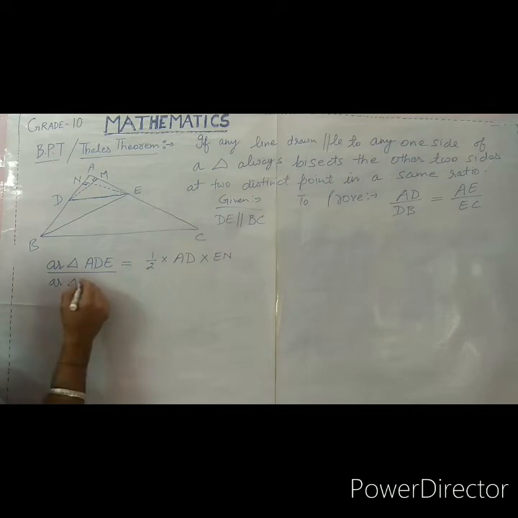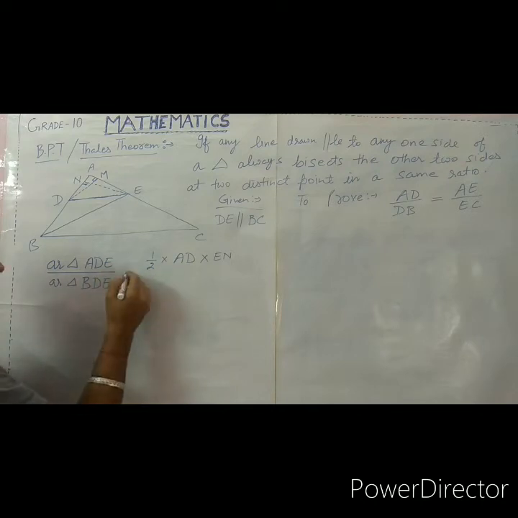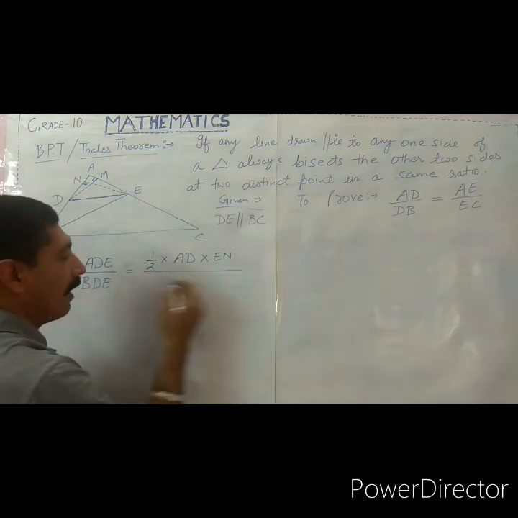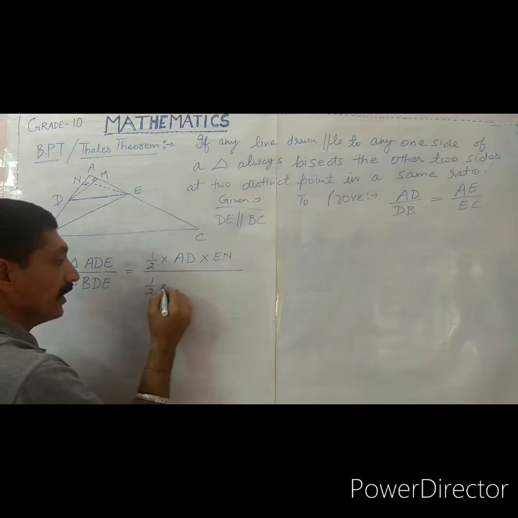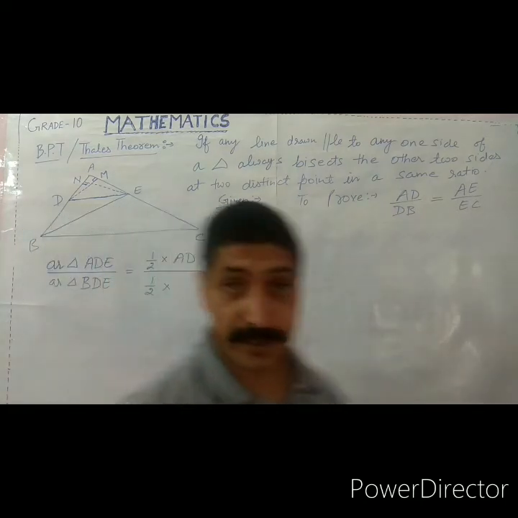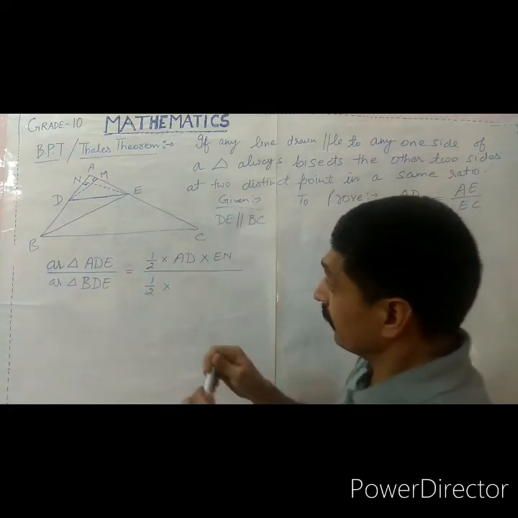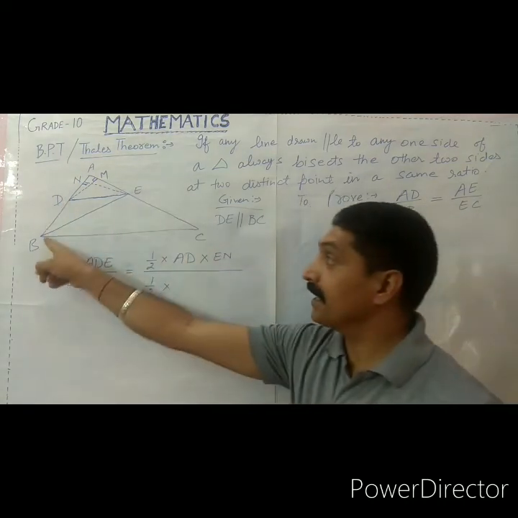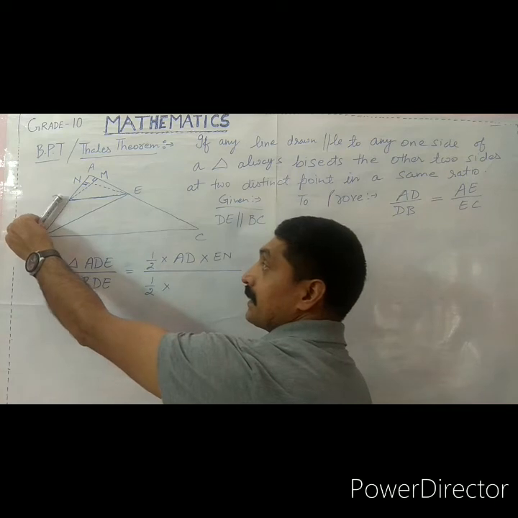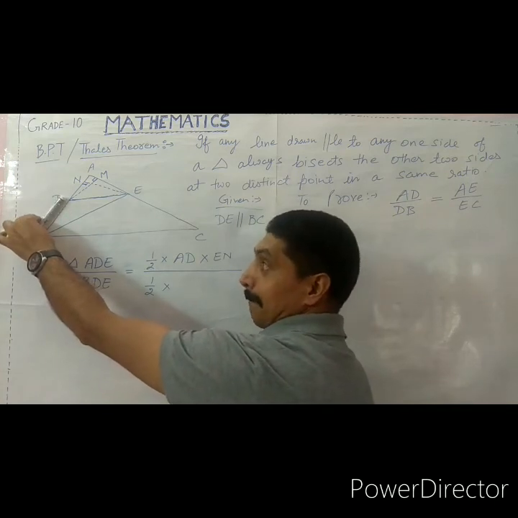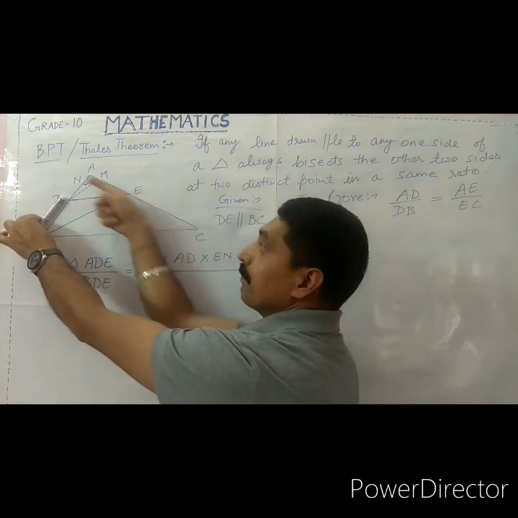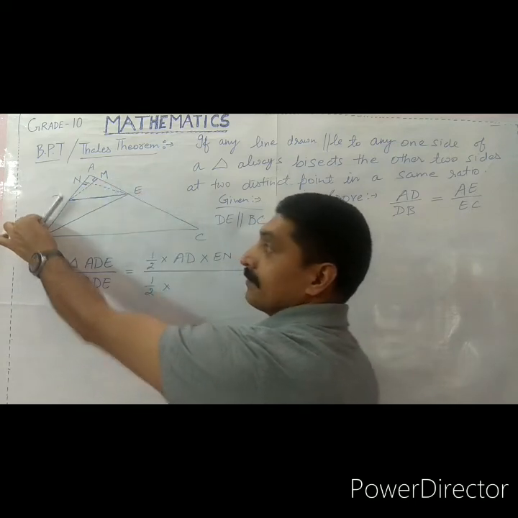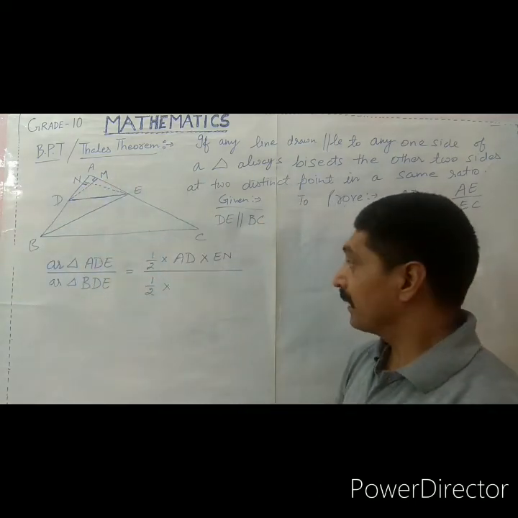area of a triangle BDE, this is equal to half into, now this is very important here, in this triangle BDE, if DB is a base, the altitude will be EM outside the triangle.